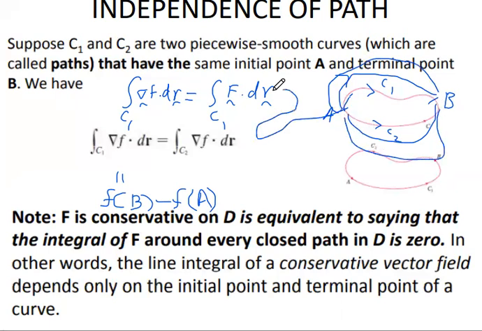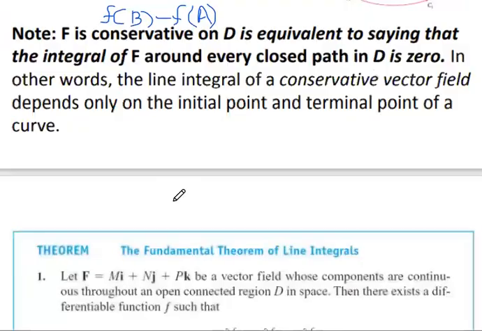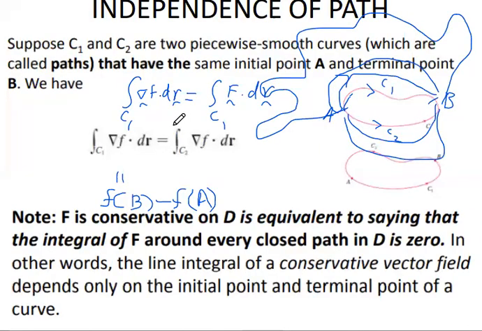When you consider this other path, but the ending point is the same, you get the same work done. So the work done when you move the particle over this path is the same as the work done when you move along this one. Work done does not depend on the path, but on the starting and ending point. This is a nice result. This is valid only for conservative fields.